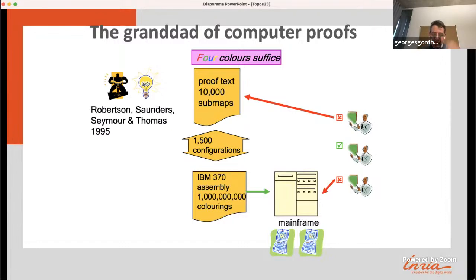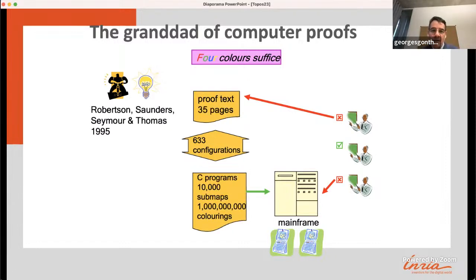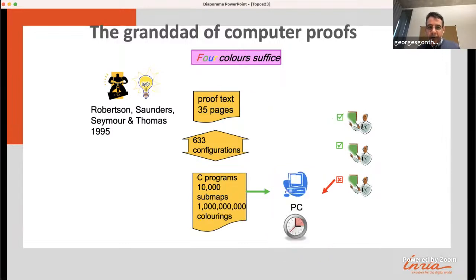The situation improved in 1995, where, using better computers, you could actually process the map analysis part so that all of the proof was done with a computer. Still using fewer configurations, but still about the same number of colorings, and this ran in 3 hours some 30 years ago.